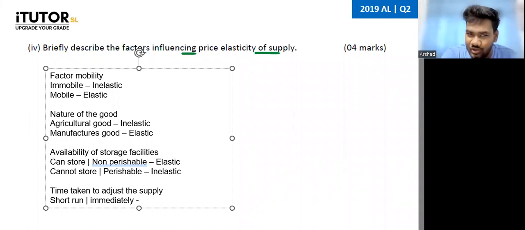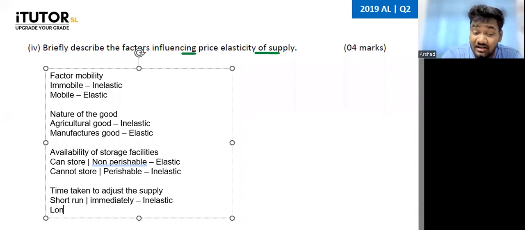If it's another good also, for you to produce it and send it to the market, it takes time. That means it is inelastic. But in the long run, with time, what happens? With time, you can now adjust your supply. Now you have enough time to hire people, buy machines, do all of that. So with time, supply becomes elastic.